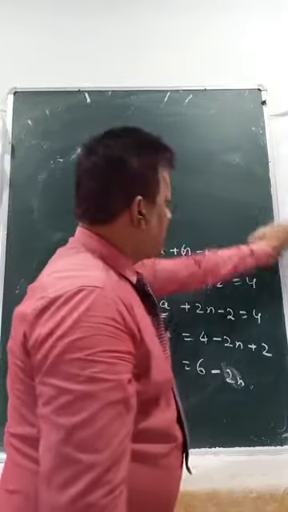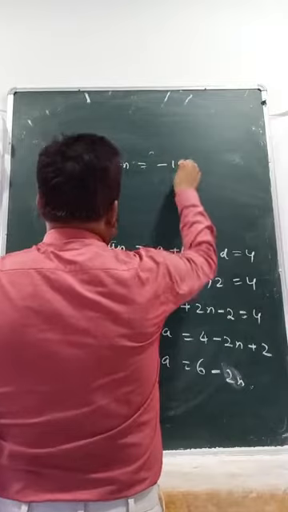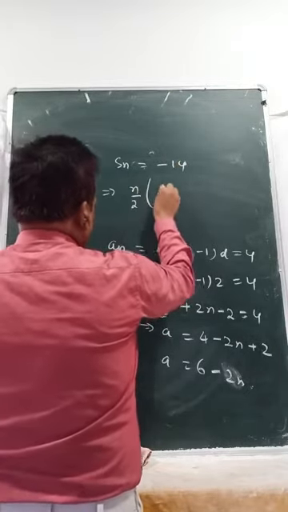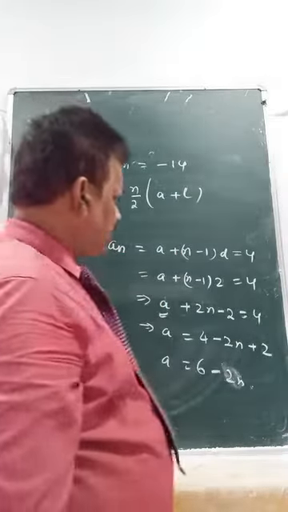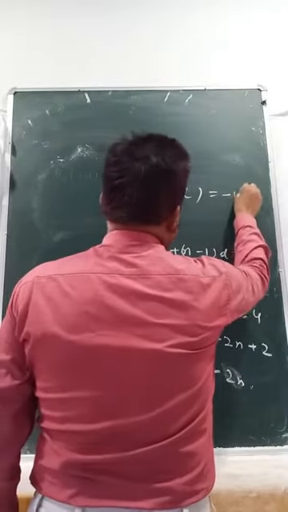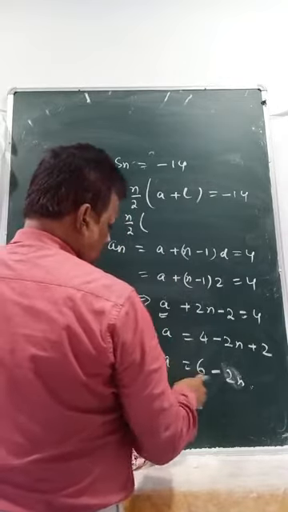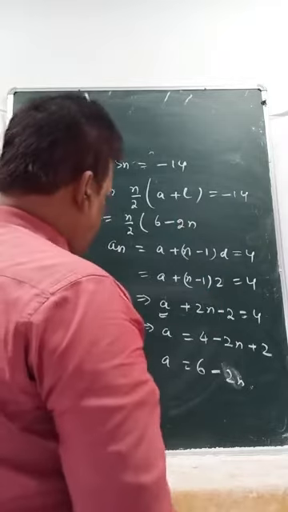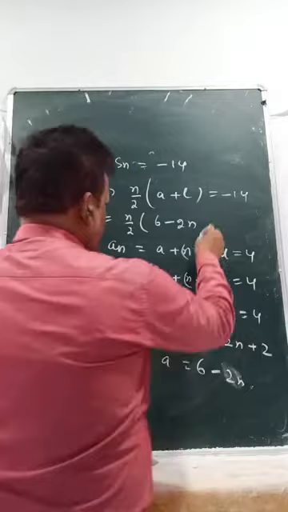But Sn is minus 14. Which formula of Sn do you use? Now n by 2 into a plus l, because your last term is given. Okay? So n by 2 into a, in place of a write 6 minus 2n, in place of l what did you write? 4.